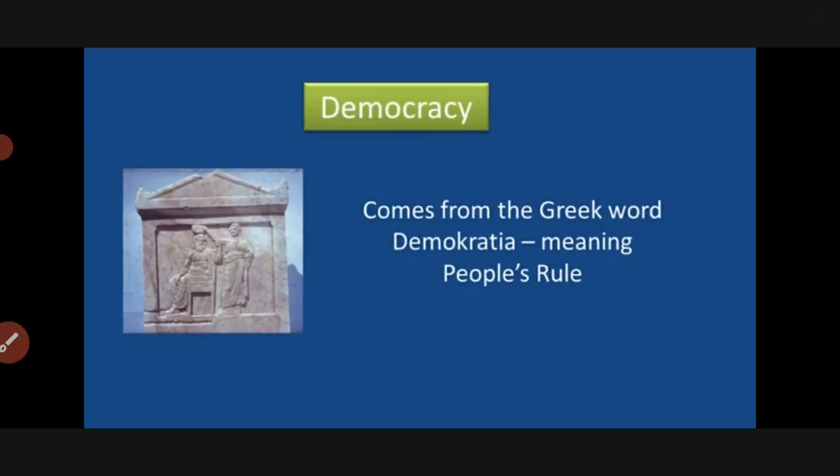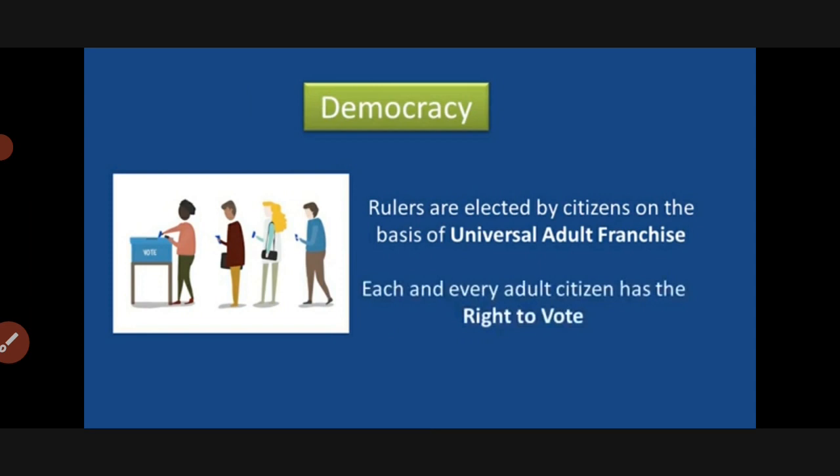Democracy implies the rule of the common people. It is derived from the Greek word demokratia, combining demos, which means common people, and kratos, which means power. So democracy means people's rule. In a democracy, rulers are elected by the citizens on the basis of universal adult franchise.